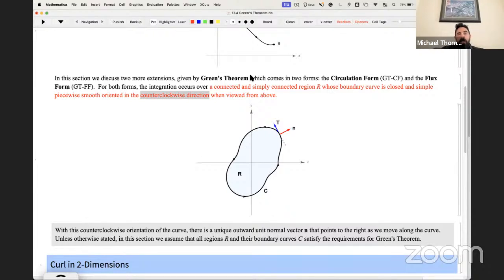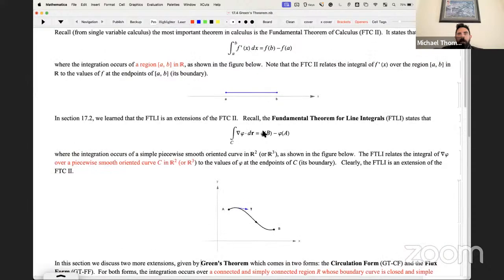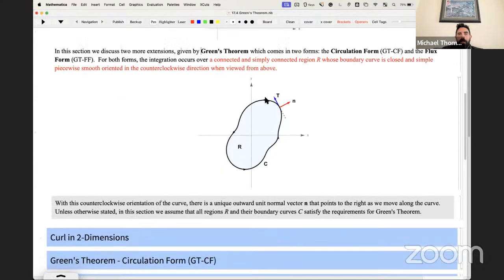All right, okay, so we're going to introduce Green's theorem, but just want to point out that this is the region we're integrating over, just like this was the region we integrated over for the fundamental theorem of line integrals, and this was the region we integrated over for the fundamental theorem of calculus part 2. So we're just integrating over different types of regions.